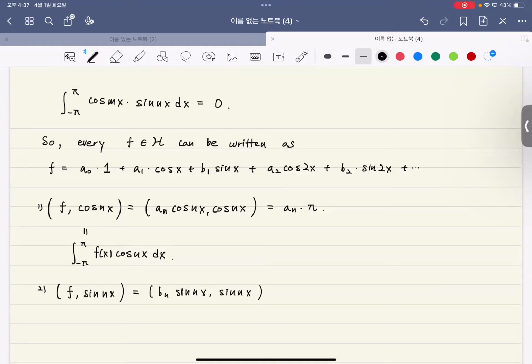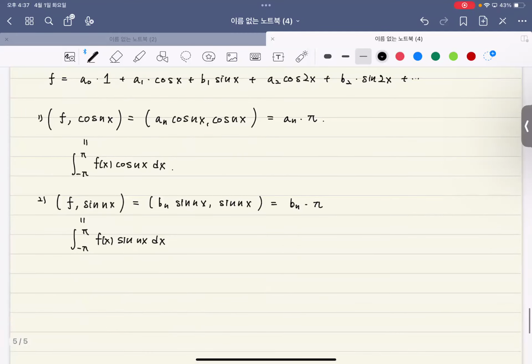Only this guy survives, and all the other guys got killed. And this is b_n times pi, and this is the integral from minus pi to pi of f(x) sine nx dx.